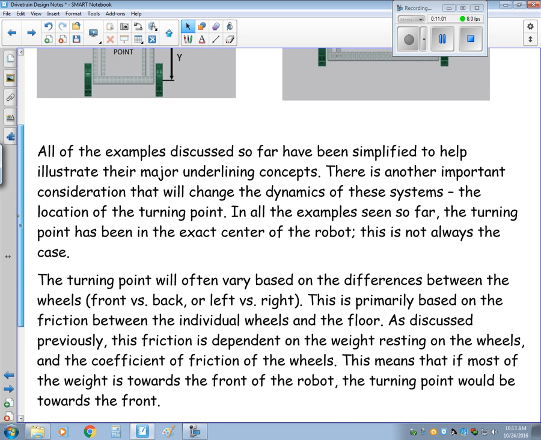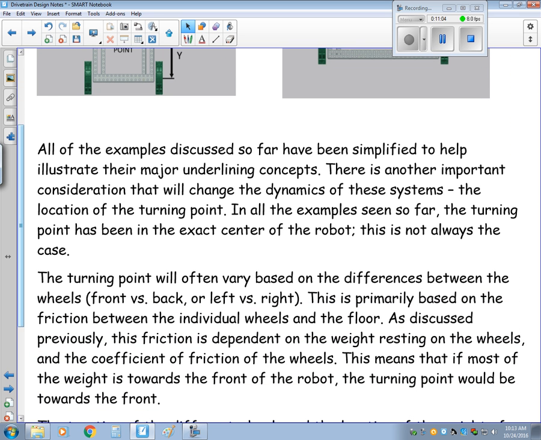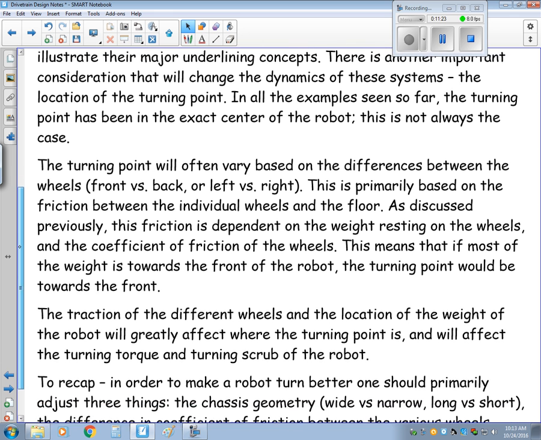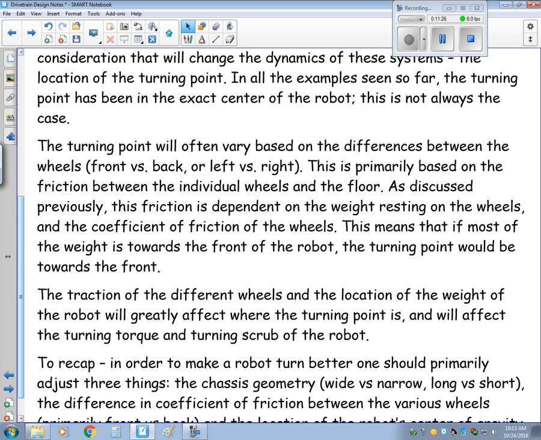Okay, so all of these examples discussed have been simplified to help illustrate their major underlying concepts. And another important consideration that may change the dynamics of these systems is the location of the turning point. In all these examples so far, the turning point has been at the exact center of the robot. Yeah, it's not always the case. The turning point often will vary based on the differences between the wheels, where you place the wheels, where you place your omnidirectional wheels, things like that.